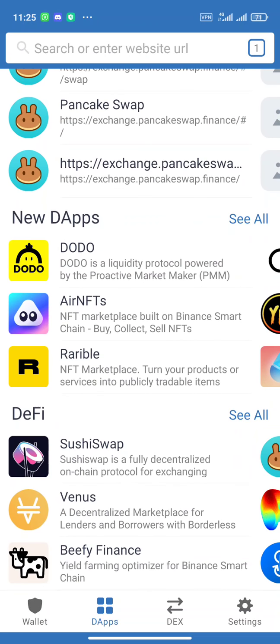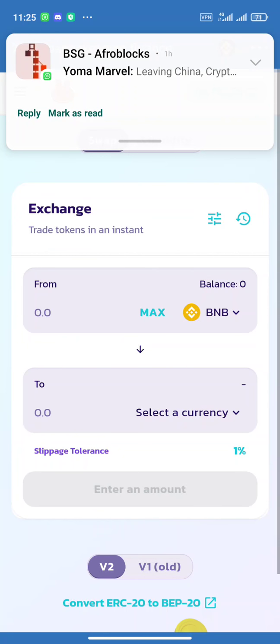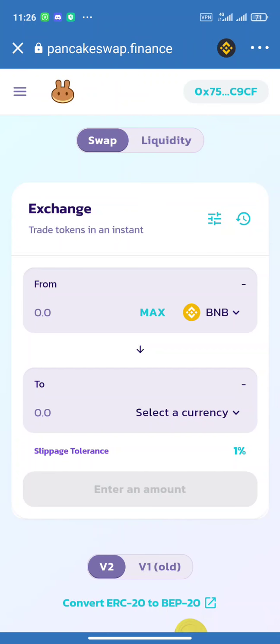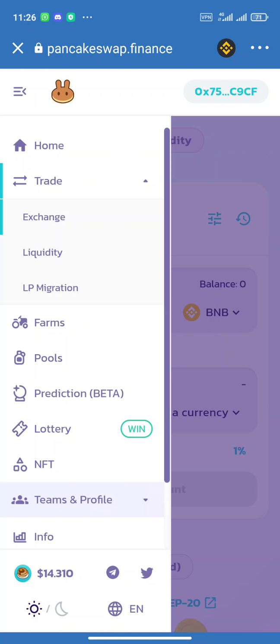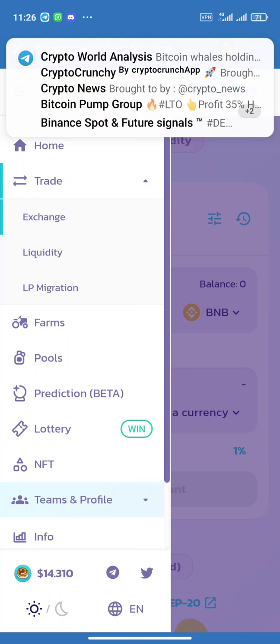When you come to these four boxes called the apps on your Trust Wallet, you go down to Pancakeswap, and then under Pancakeswap you will see your left hand tab. Under the left hand tab you will see home, trade, liquidity, LP migration, and farm. Now look at it.